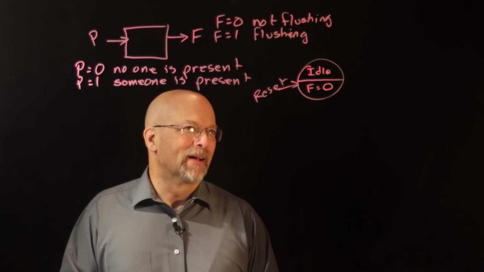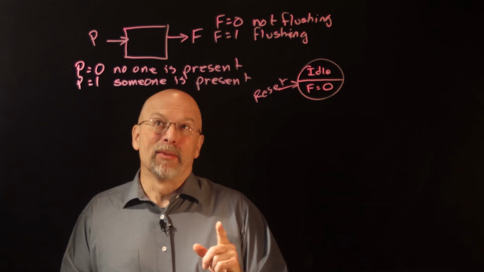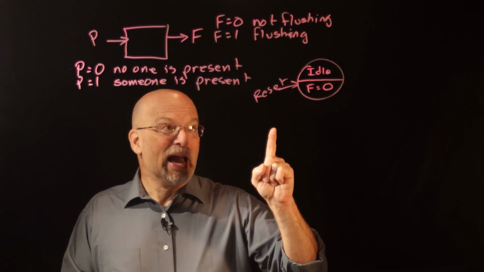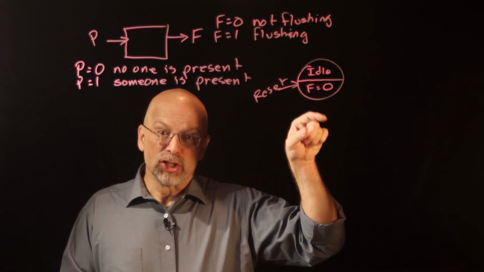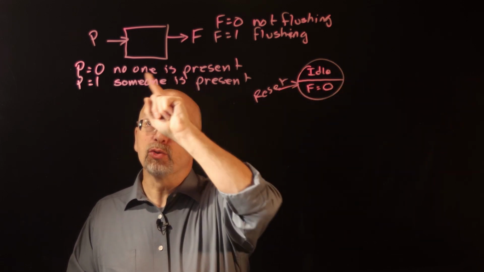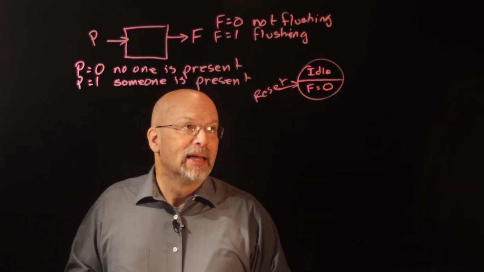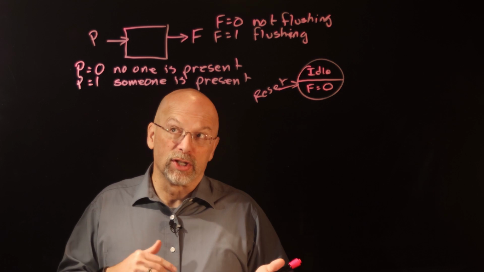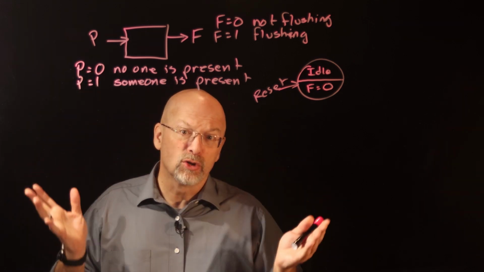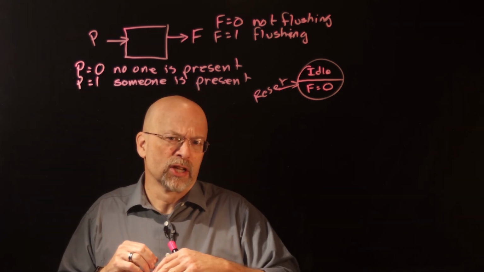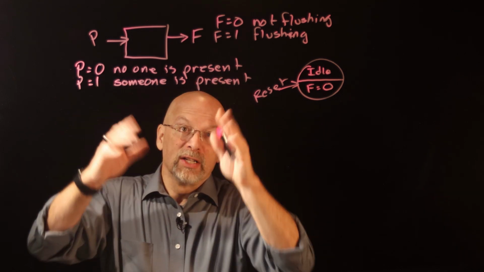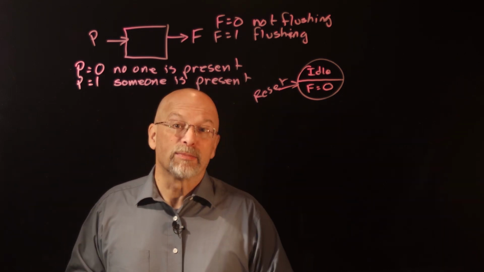Now, remember, what we need is a transition for each one of the values of our input. We just have one input, P, and P can be equal to 0 or 1. So there need to be two transitions: one which says what happens whenever no one is present and what happens when someone is present.